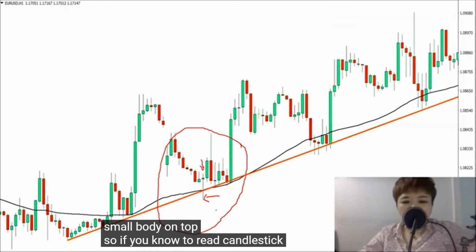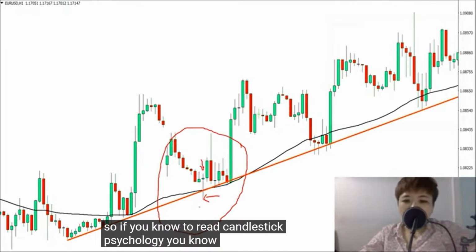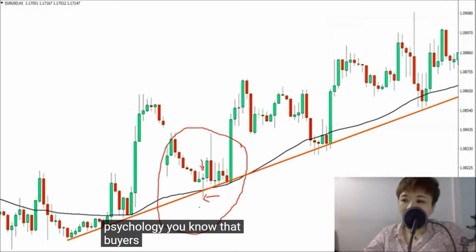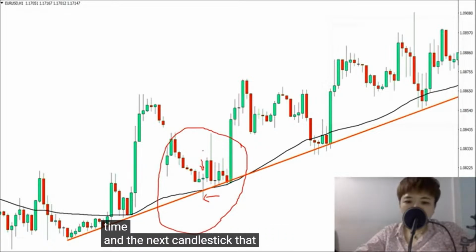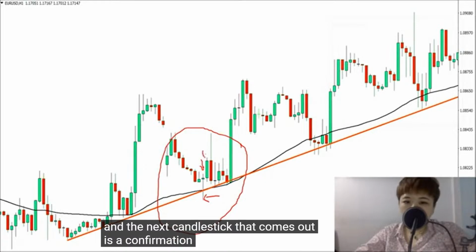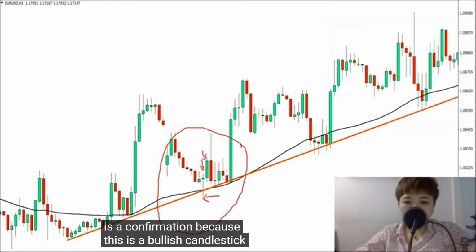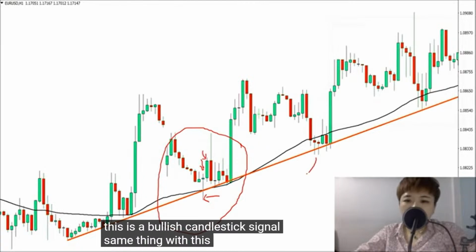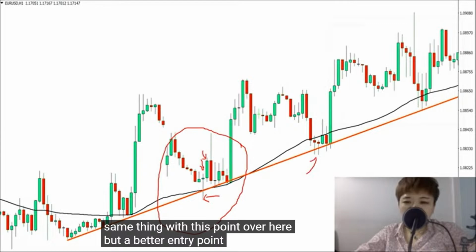So if you know how to read candlestick psychology, you know that buyers are in control at this point in time. And the next candlestick that comes out is a confirmation, because this is a bullish candlestick signal. Same thing with this point over here. But a better entry point would be over here.